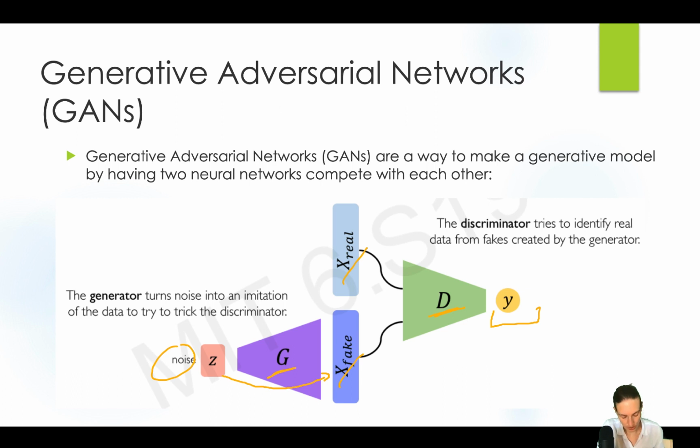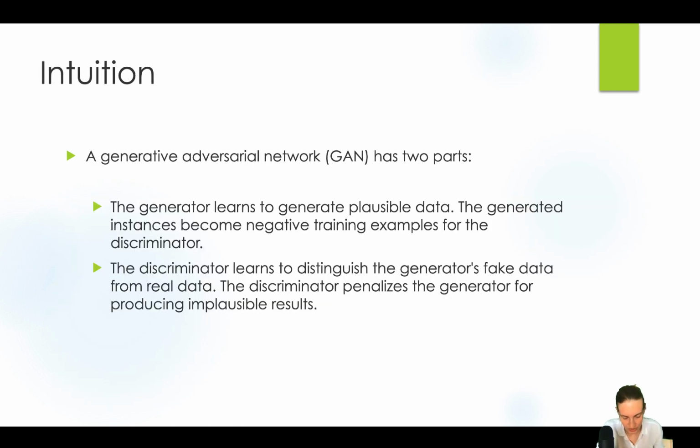So we start from noise, transform it into fake newly generated image or data. This is really what we're interested in. And then a discriminator will act as our steering model to see if the fake images are indistinguishable from the real images. So there's these two parts.